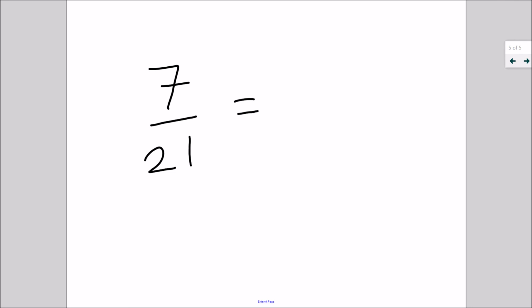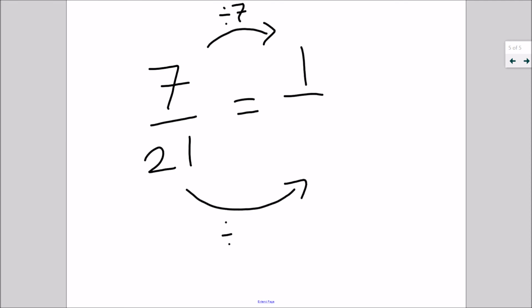What happens if I divide both of these numbers by 7? Well, 7 divided by 7 is just 1. Any number divided by itself is 1. 21 divided by 7 is 3. So, now I get 7/21 equals 1/3.